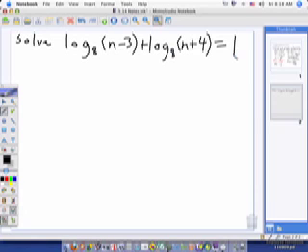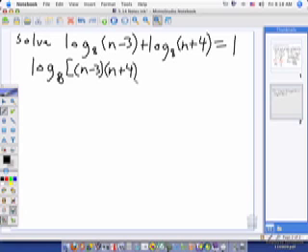So these, like the problems we've been working on, we have two logarithms on the left side that we're adding together. So how could we rewrite that as the logarithm of one thing? Right, exactly. Write it as log base 8 of n minus 3 times n plus 4. So let's do that. So we rewrite it as log base 8 of n minus 3 times n plus 4 equals 1.